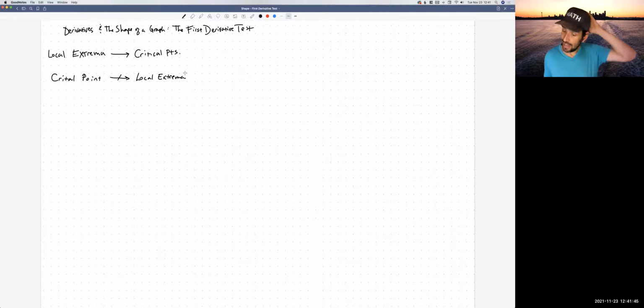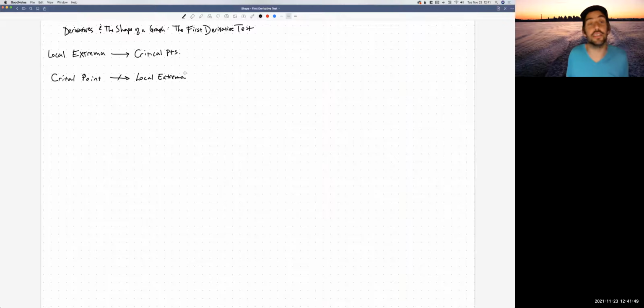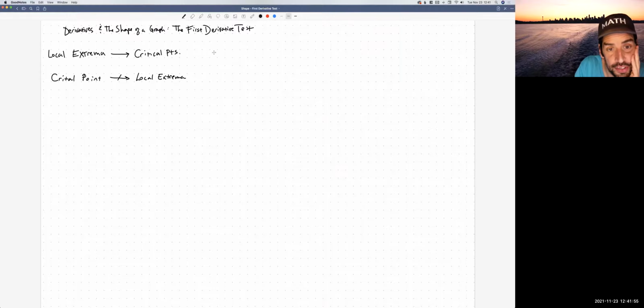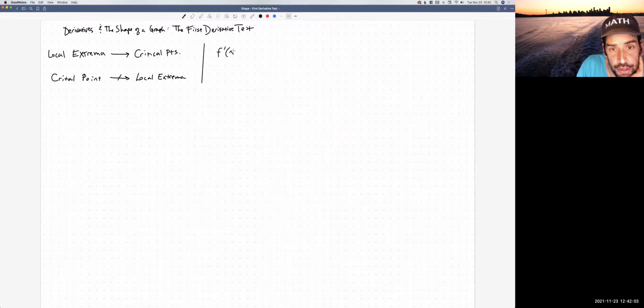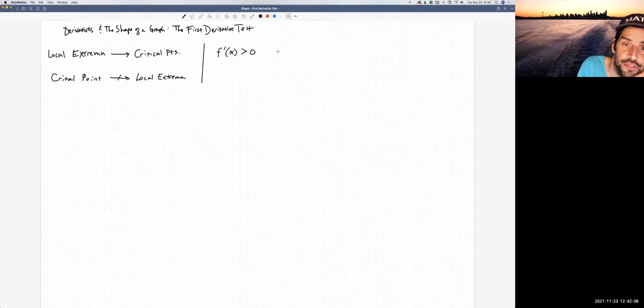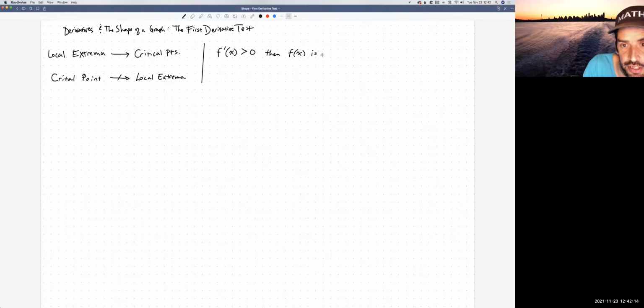So we need a way to tell, when we've got a critical point, whether this is actually a local maximum or a local minimum. That's what we're going to work on here. One of the other previous ideas we discovered from the mean value theorem that we're going to use in this section is that if the value of the derivative is positive, then the function is increasing, right?